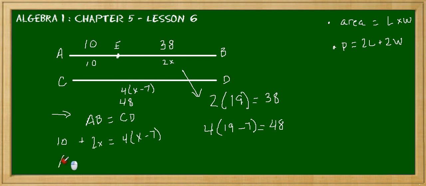In fact, you probably don't even really need to write the first one, but you could see AE plus EB is equal to CD. And so these are just simply segments. Well, what is AE? Well, we put the value of 10. EB is 2x, and CD is 4 times parentheses x minus 7 end parentheses. So once we found our values, we were able to solve this.